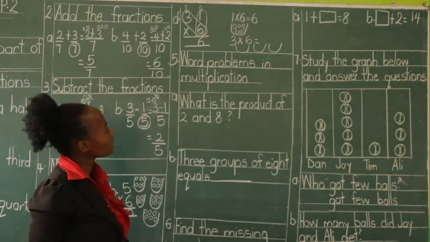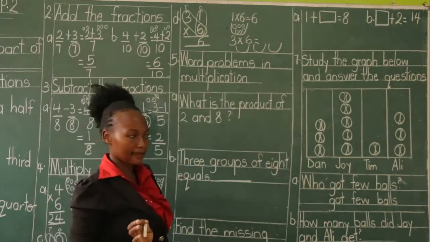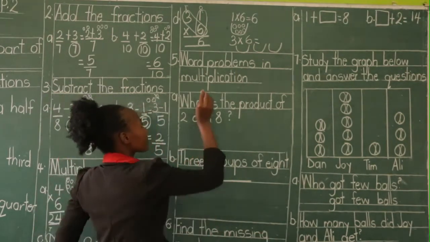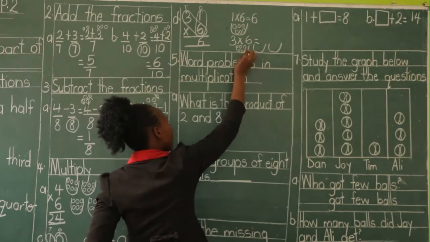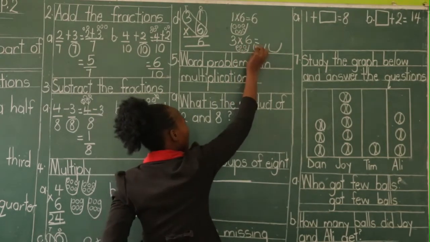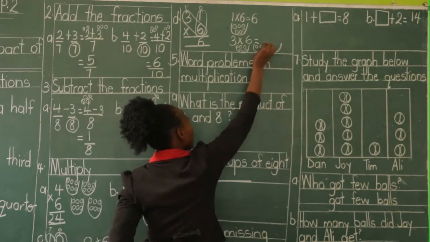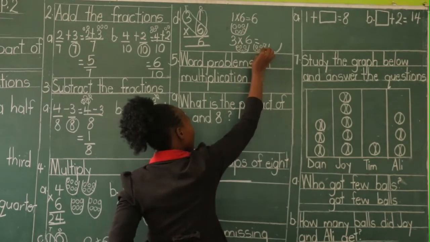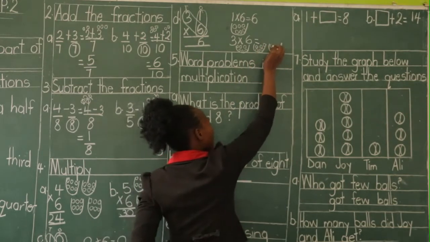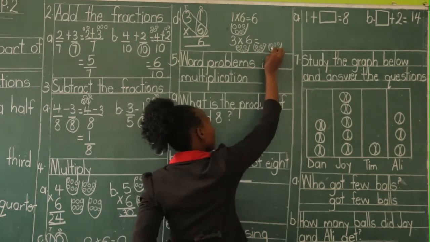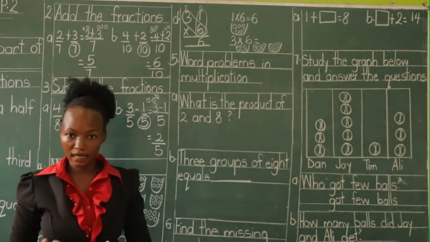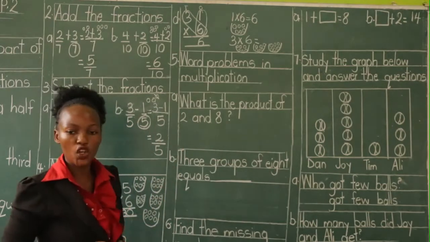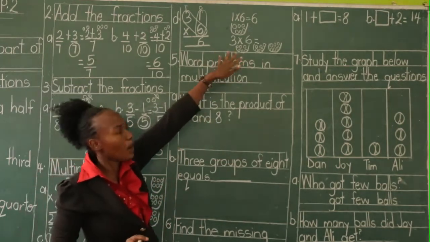My 3 groups, each group having 6 items: 1, 2, 3, 4, 5, 6. After we put them together, we add them, we join them, and see which answer we are going to get.